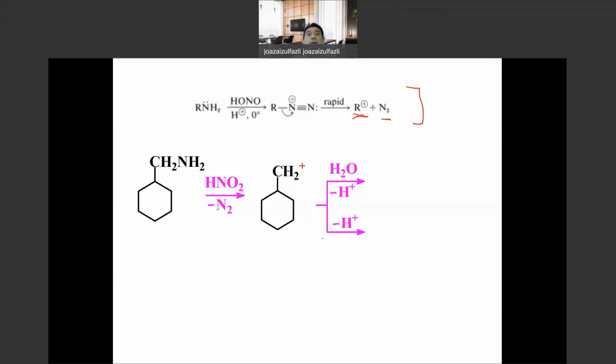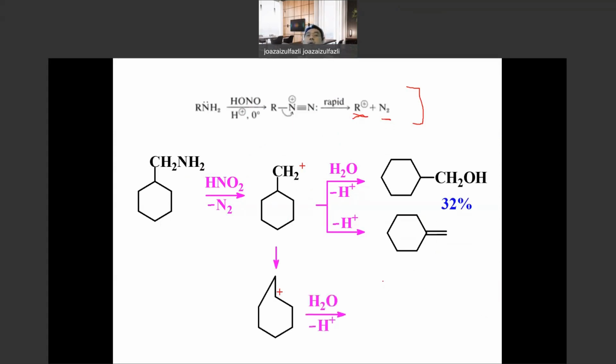Once it forms a carbocation, it can form elimination and substitution products. Or actually, because this is primary, it can rearrange. In this case, we form ring expansion.